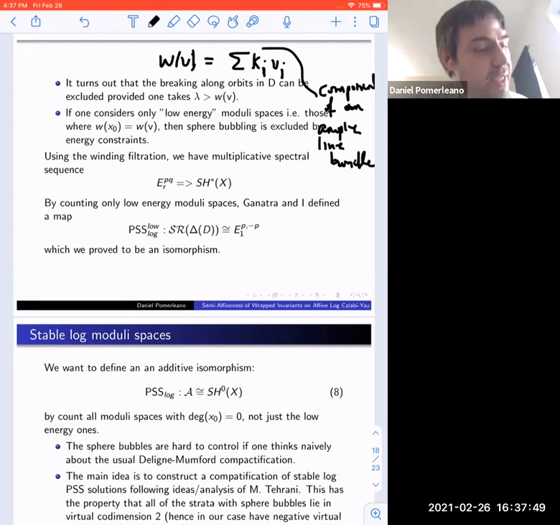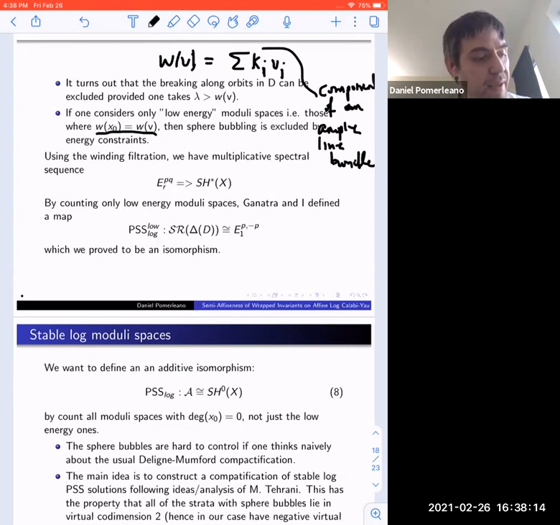The winding of x naught is defined similarly: you multiply kappa_i by how many times the orbit winds around the divisor. This condition basically means that the PSS solution you're considering has very, very small energy.